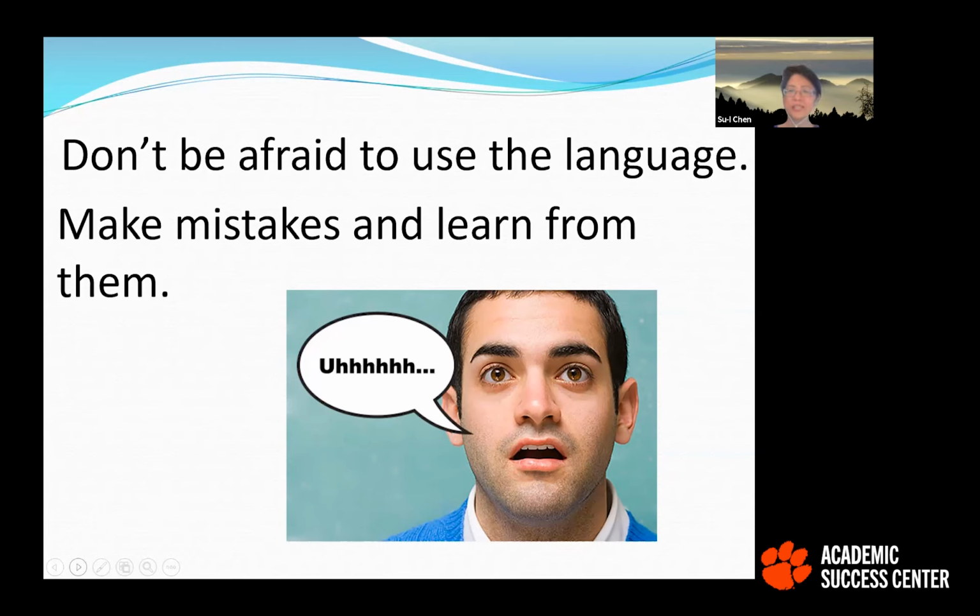All these kind of mistakes make you feel terrible and lose your confidence in that way. So people hold it until you are 100% sure to present something, but don't do that. Don't be afraid to use the language, okay? And making mistakes is your privilege as a student, am I right? The more mistakes you make, okay, the more you learn from that, okay? So make mistakes and learn from them, okay?